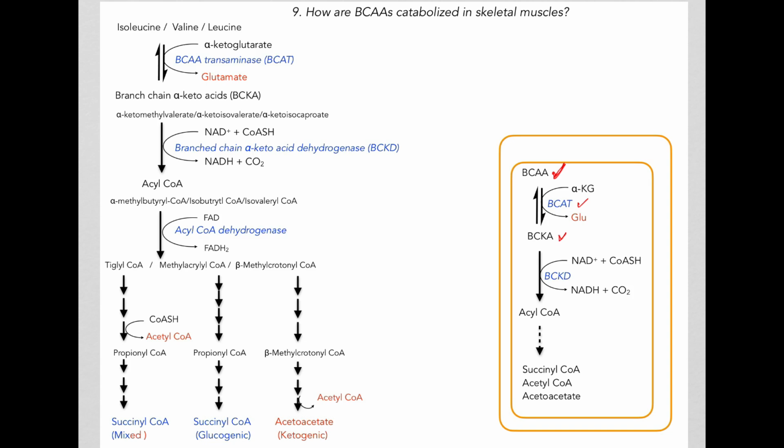Transamination to give you keto acids, and then the branched chain alpha keto acid dehydrogenase to give you acyl-CoAs, and then the respective acyl-CoAs are broken down into the products, succinyl-CoA, acetyl-CoA, as well as acetoacetate.